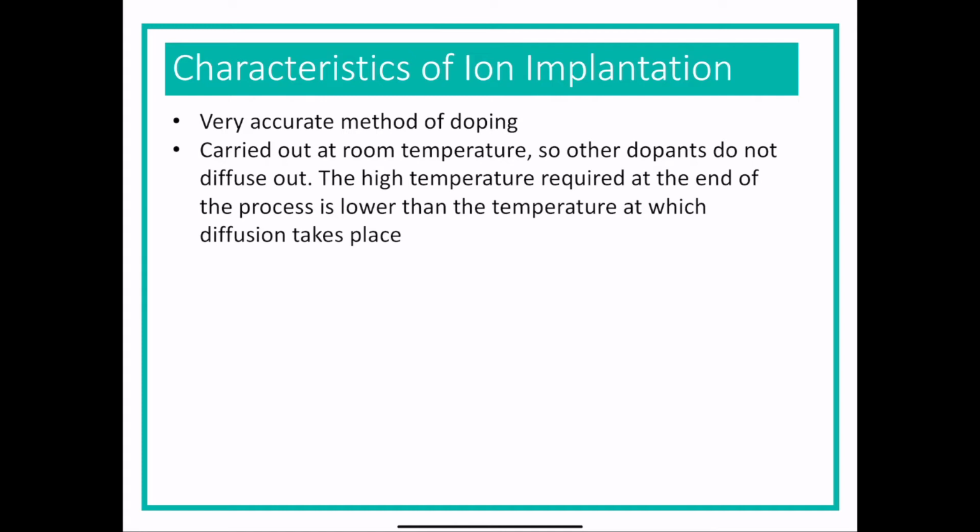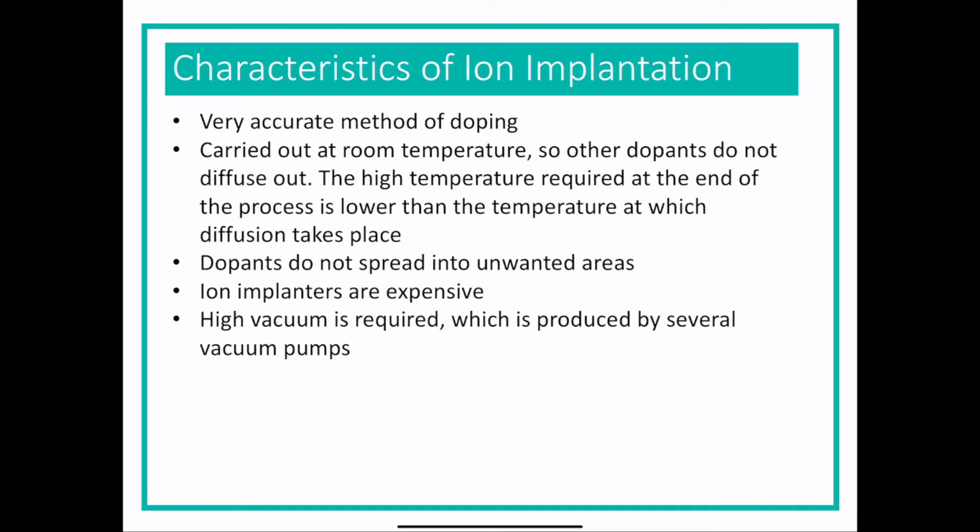The dopants don't go to places you don't want. You need high vacuum, so that adds to the expense of ion implantation. So those are the two methods of doping. I don't expect you to remember that much about them. You just need to know that they exist.